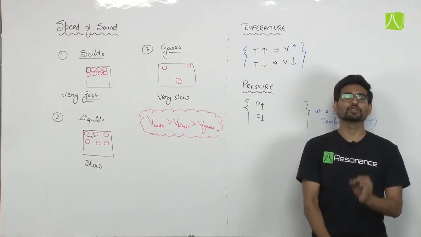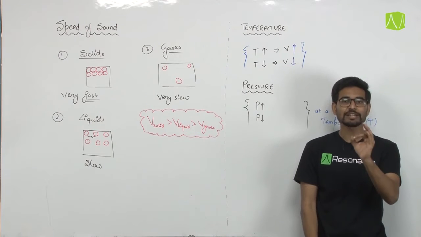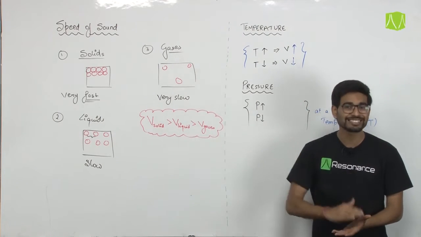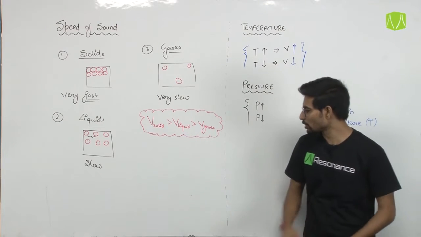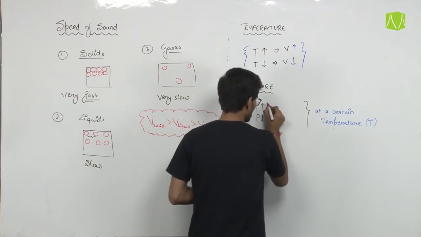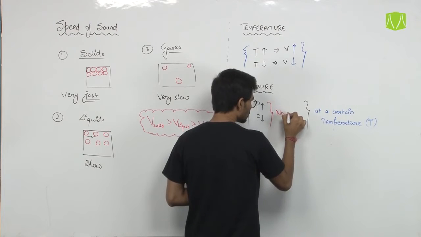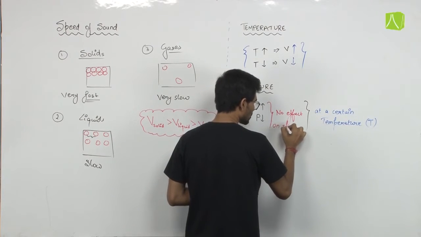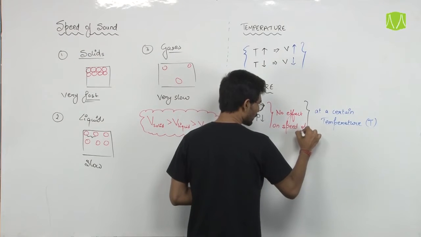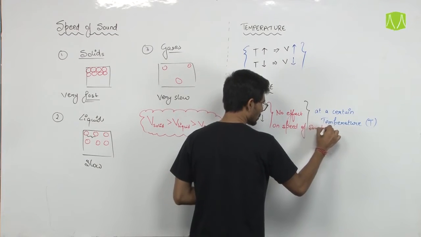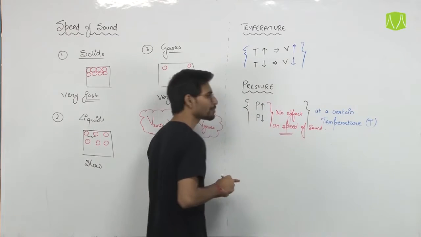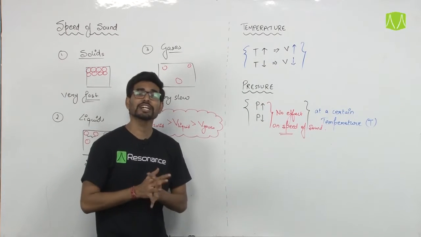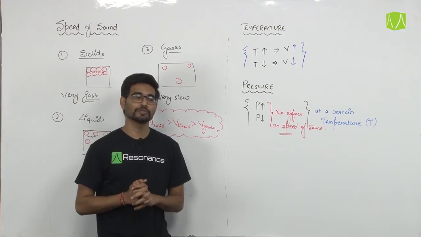Temperature is fixed. So for a constant temperature, if you increase or decrease the pressure, there will be no effect on the speed of sound. तो pressure बढ़ाने कम करने से एक certain temperature पे speed of sound में कुछ भी फर्क नहीं आता.